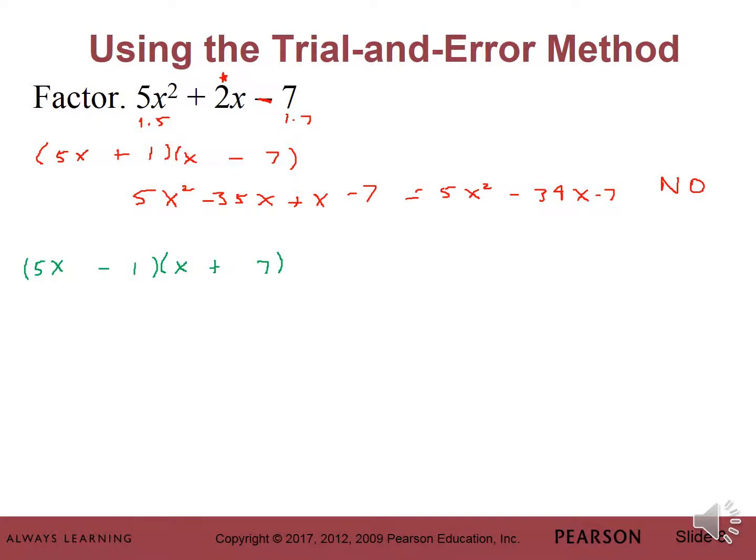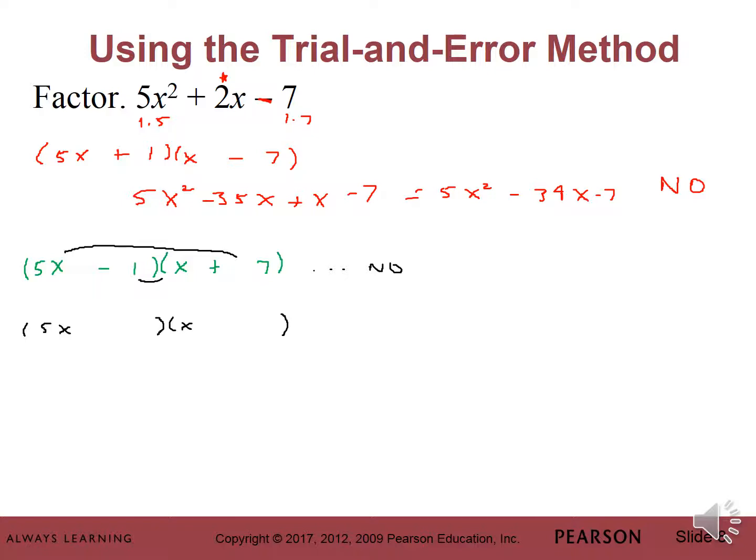And again, all that matters is whether the middle works out for us. And in the middle, well, that's not going to work out. 35x minus 1x, that's a 34x. So work, work, work, that's going to be a no.